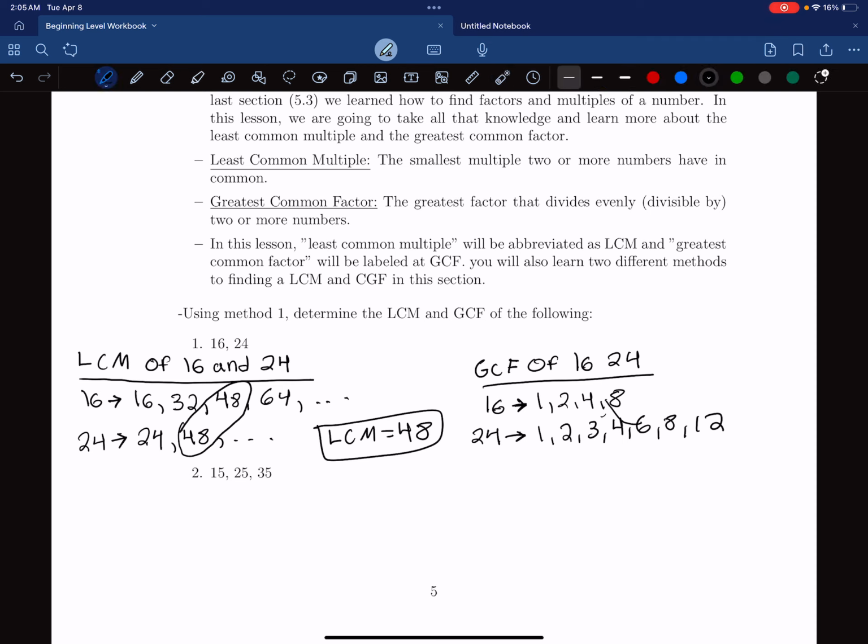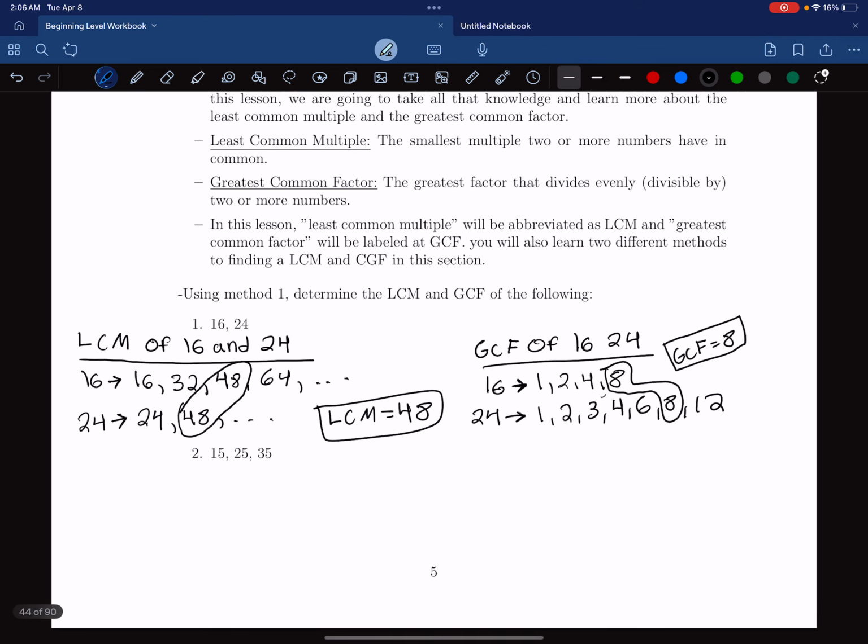That is the largest factor that both these numbers have in common. So let me circle that here. So our greatest common factor is going to be 8.